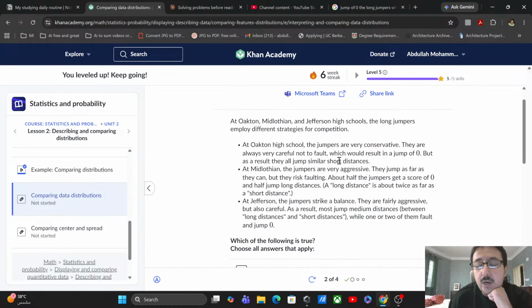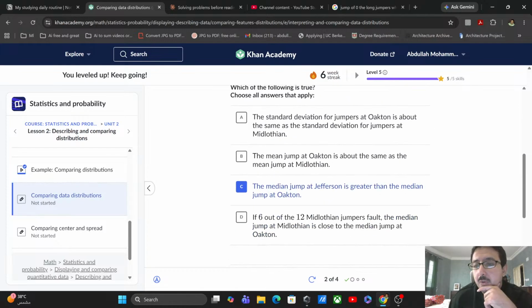Octane doesn't say anything about faulting. They are very careful not to fault, and as a result they all jump similar short distances. But it doesn't say, so we don't know.